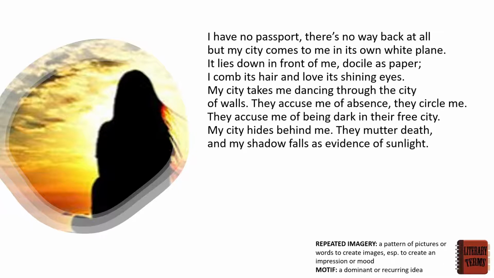My city takes me dancing through the city of walls. So we've got an iambic pentameter there, which describes the rhythm of that line, but it reflects the idea of the poem lifting with this energetic image of her imagining that she's metaphorically dancing through the city with her city. So that's important because what happens next totally changes the mood again.